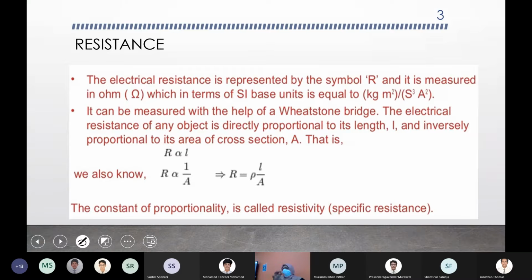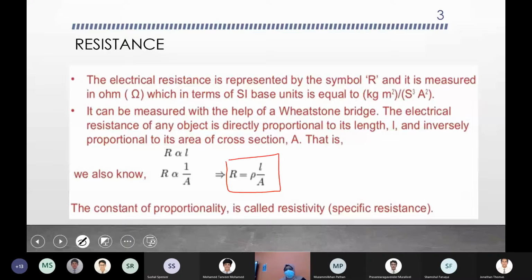Resistance is the opposing force for the current flow in a wire. Resistance is directly proportional to length, that means when the length of the wire increases, resistance increases, and it is inversely proportional to area of cross section.